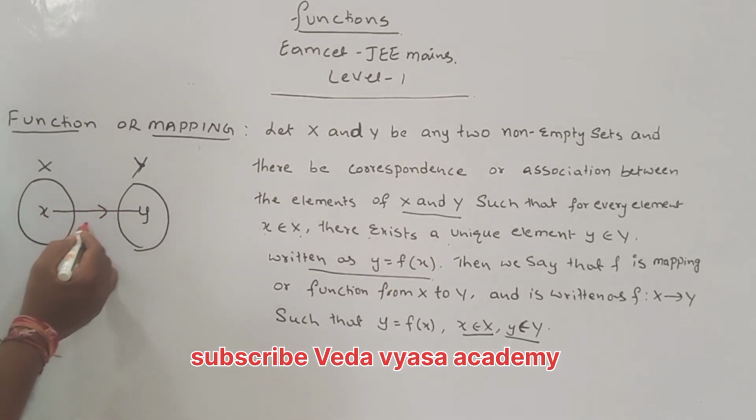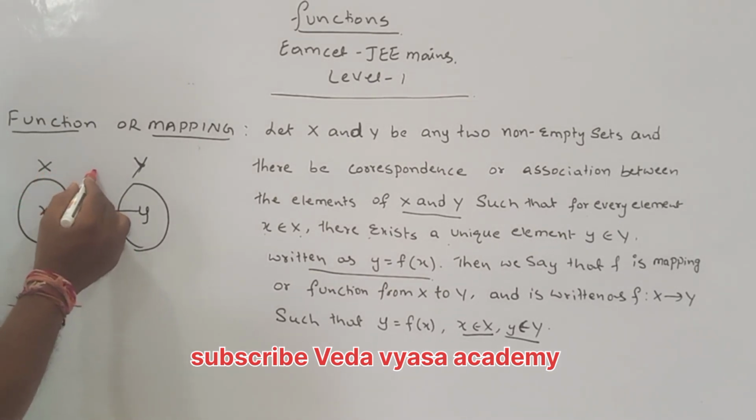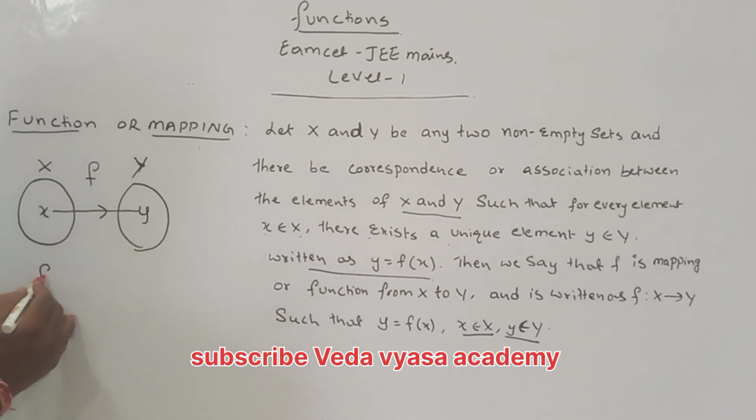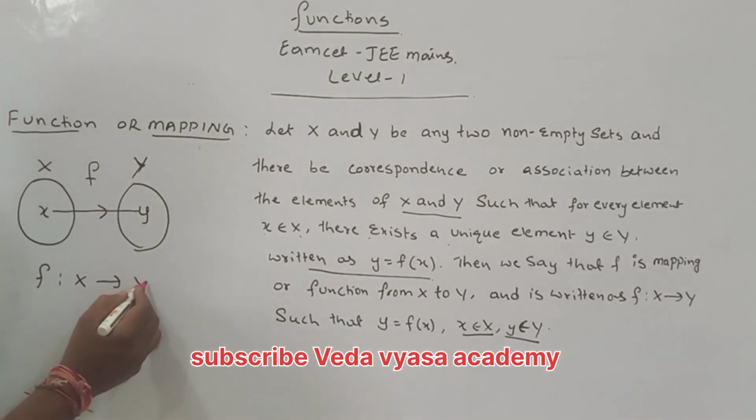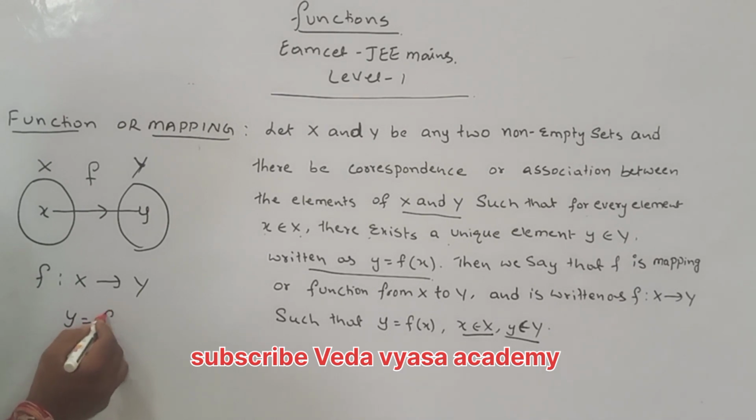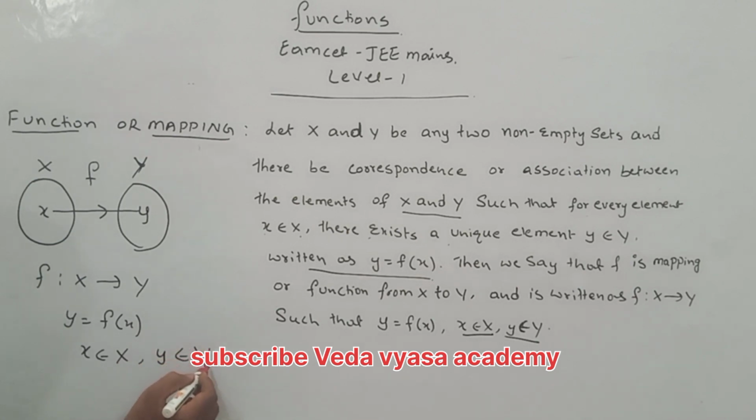This is the mapping from X to Y denoted as f: X to Y. Then y is equal to what? f of x. Small x belongs to capital X, small y belongs to capital Y.